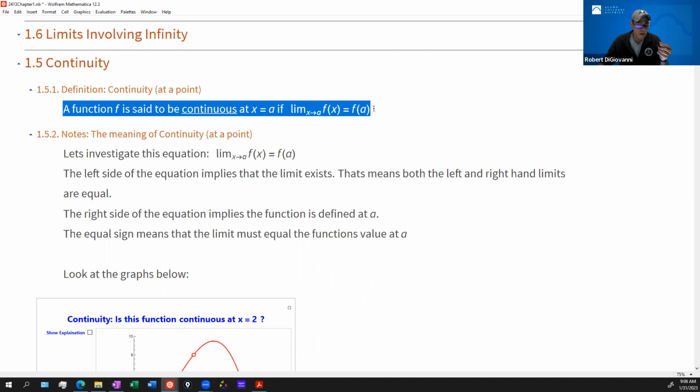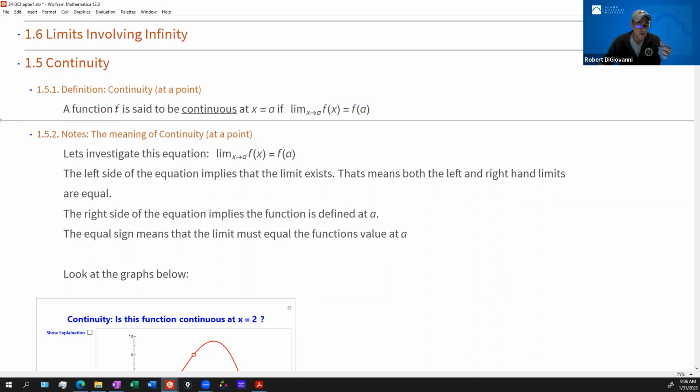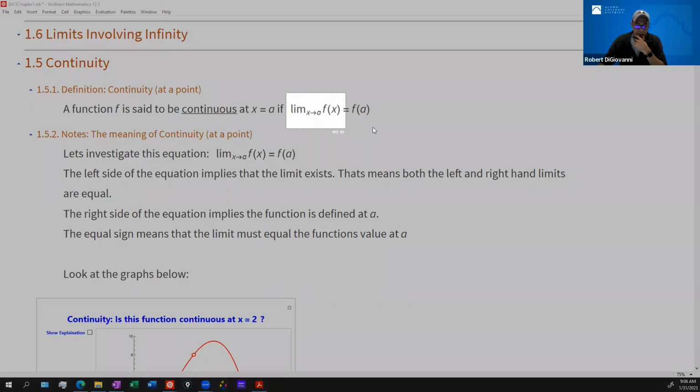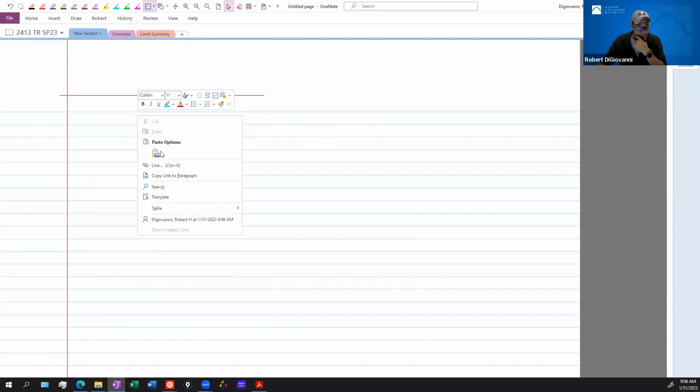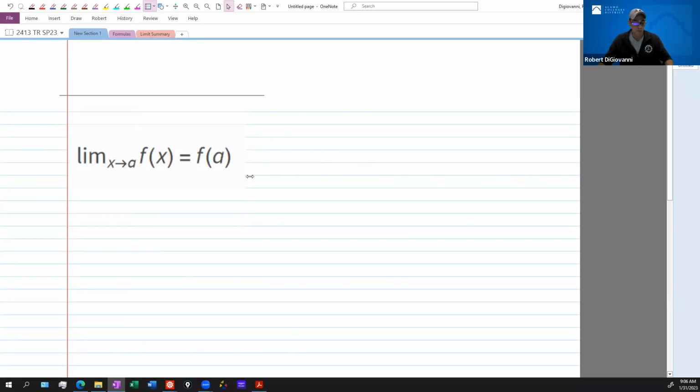All right. So it says here, a function f is said to be continuous at the value x equals a if this is true right here. So let me try and explain a little bit what this is saying. I'm going to copy this and paste it over to this other page. So there's kind of two sides to look at here.